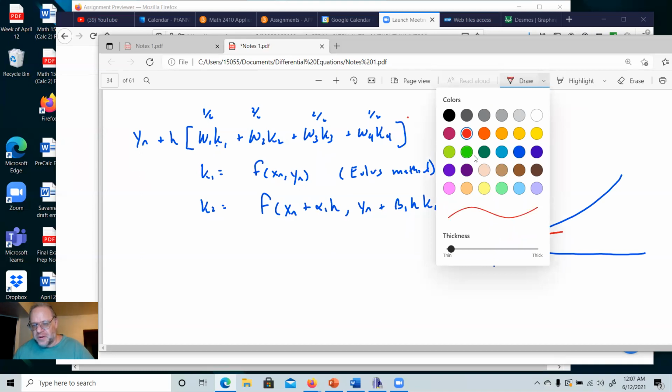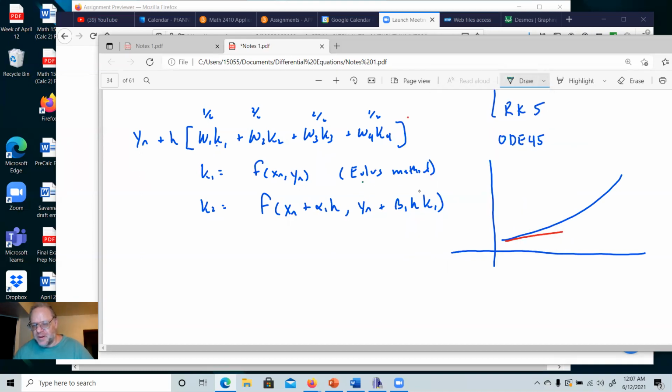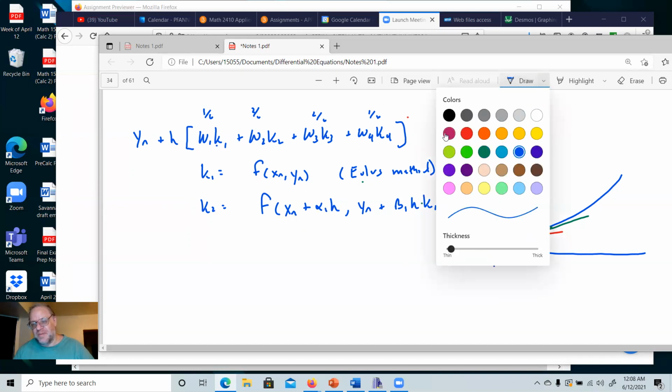We're checking what this slope is at xn plus alpha h, and then we do the same thing with the y's. Then we're going to put this together and average these slopes, but we're not averaging them yet. We're going to wait till we get all 4 of them.